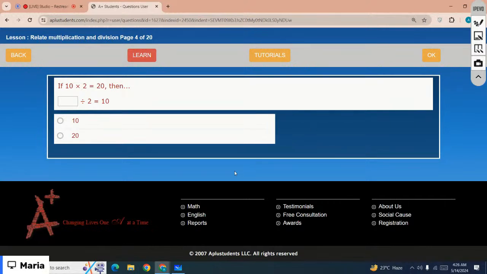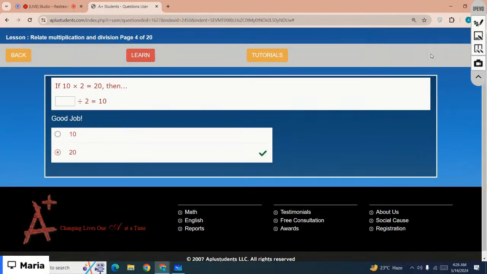That is 20. It is 20 divided by 2 equals 10. The correct option is 20.